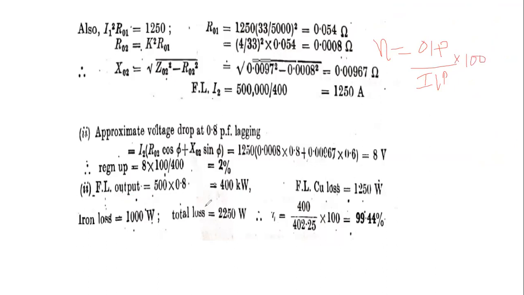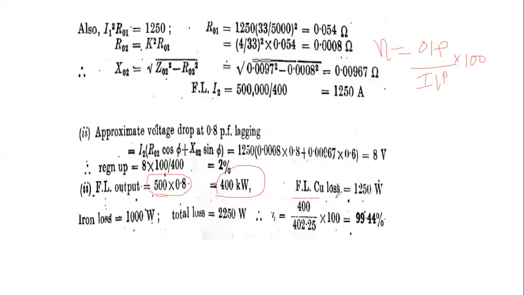What is the output? That is kVA into cos phi. Then we obtain the output, that is 400 kilowatts.